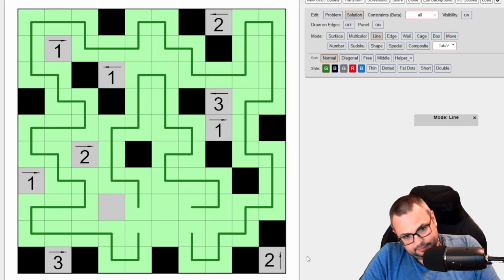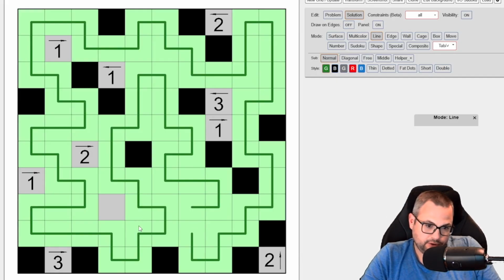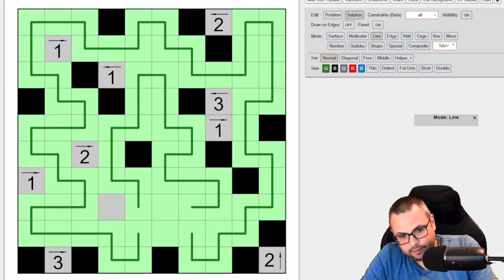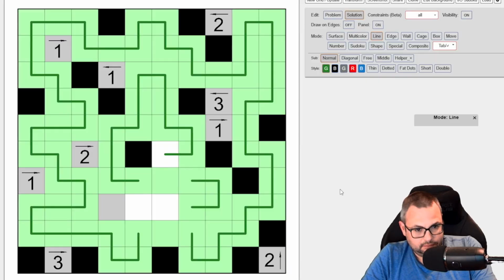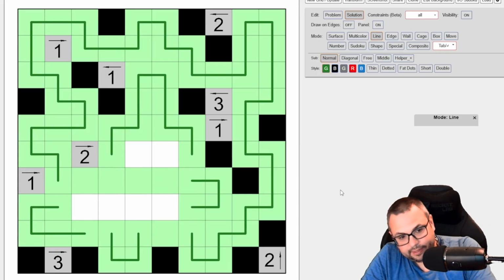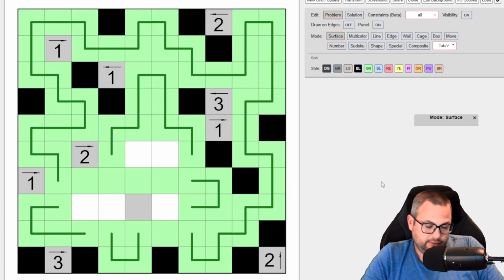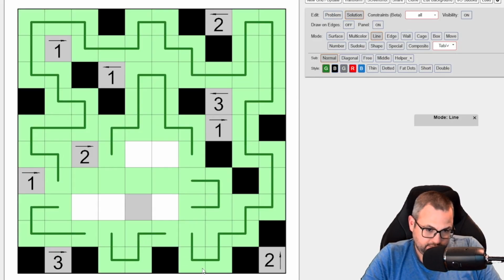But I think now there's two solutions, which are that one and that one. So that's not quite going to work. So sadly, that being clued doesn't work. What about this cell being clued? If that cell is clued, this definitely goes that way.